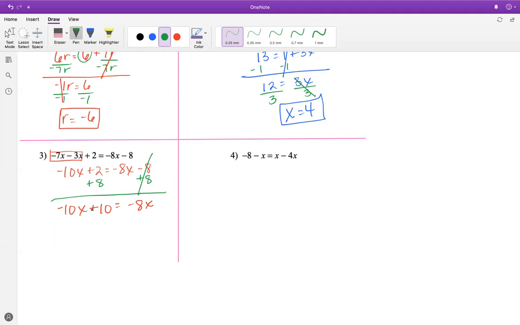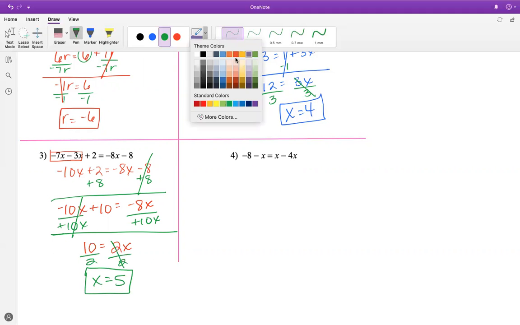Okay, then that only leaves my x's to combine, so I need to add 10x. Those will cancel. I'm left with 10 equals a negative 8 plus 10 is going to be a positive 2. Divide both sides by 2. x equals 5.